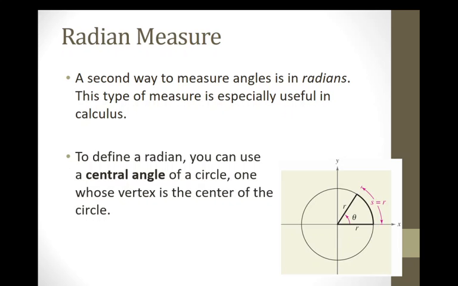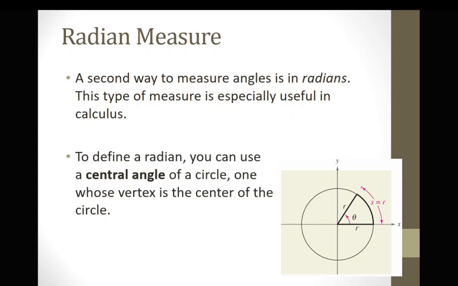To define a radian, you can use a central angle of a circle, which is one whose vertex is the center of the circle. This picture has a circle, and the central angle is in standard position. Now the radius goes from here to here.